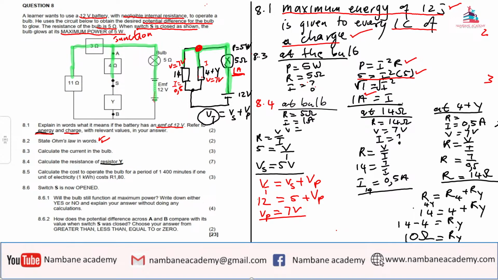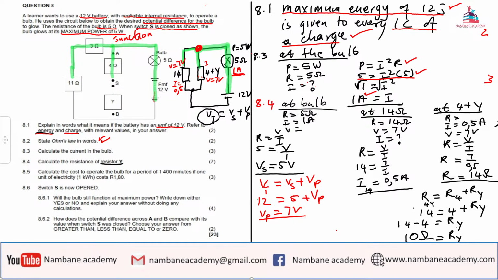We have 4 plus Y, which is a resistor that will also have its own potential difference. So the potential difference of 14 and 4 plus Y is the same. Why? They are connected in parallel. And we have the potential difference at the bulb.